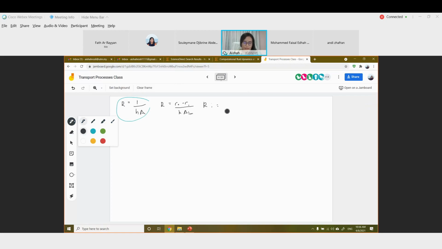For hi, we calculated just now 1324 watt per meter squared K, times the area, the inside area we also calculated just now.